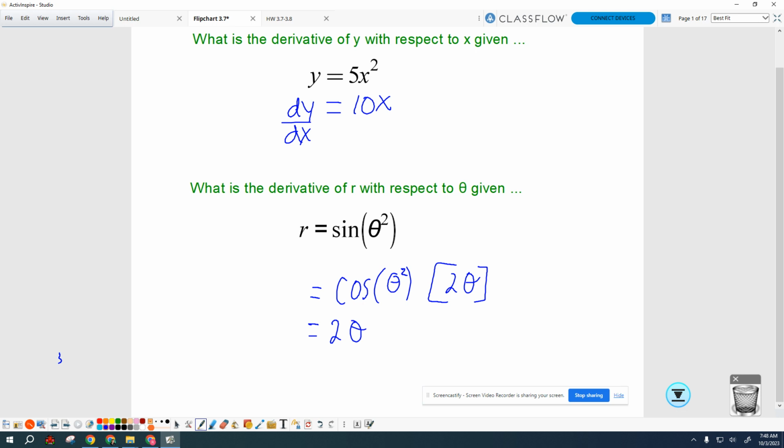Okay, but what is on the other side of the equal sign? r? It's not r. We've done the derivative. What is it? dr over d theta, which is better than r prime. dr d theta, okay.